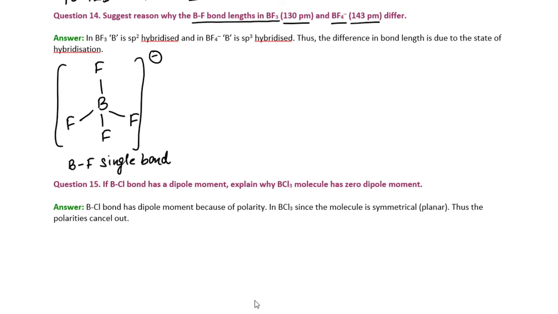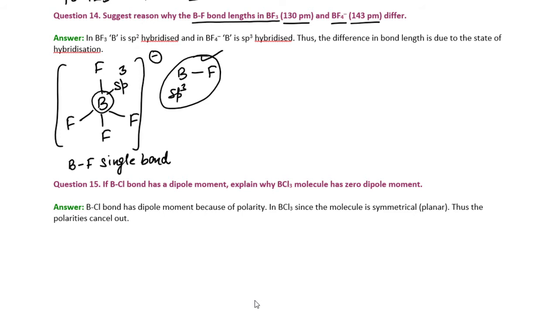At the same time, boron is sp3 hybridized. So the sp3 hybridized boron-F bond is longer, its bond length is large.